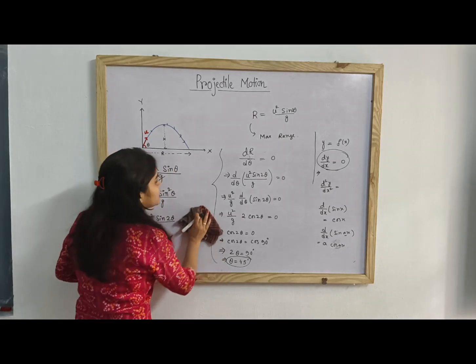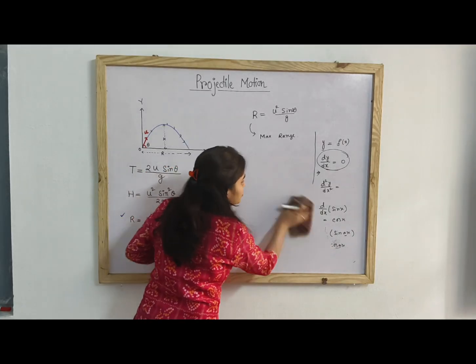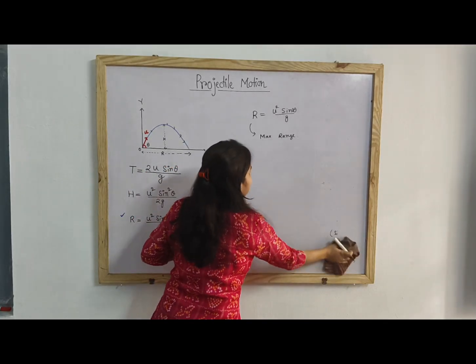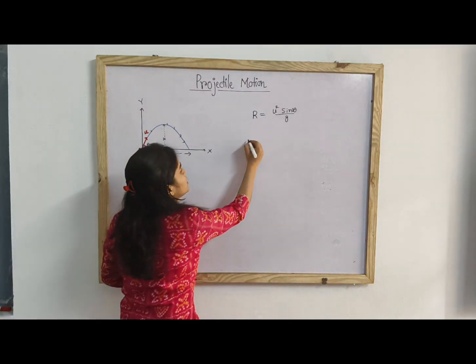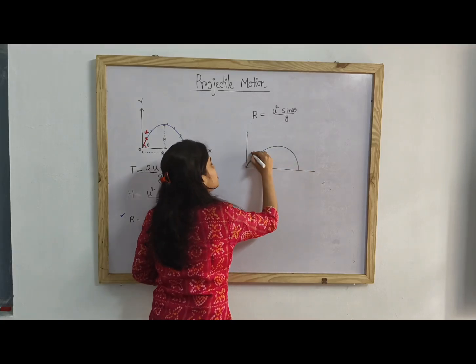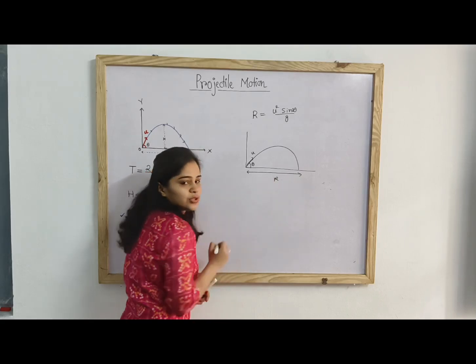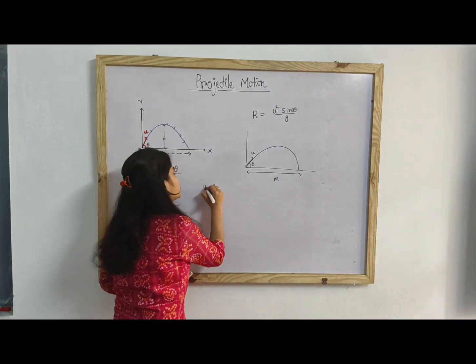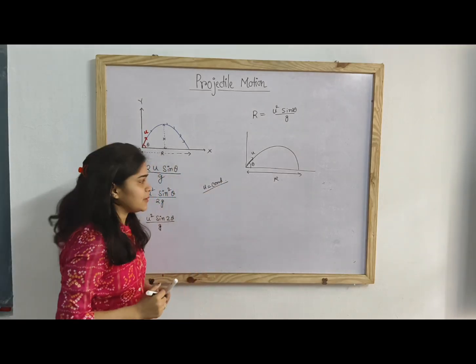Now the second point which we have to know, that I'm going to explain now. This is the formula for range. If this is your initial velocity u, this is your theta, then this is your range. Now suppose u is constant, the value of u is the same.